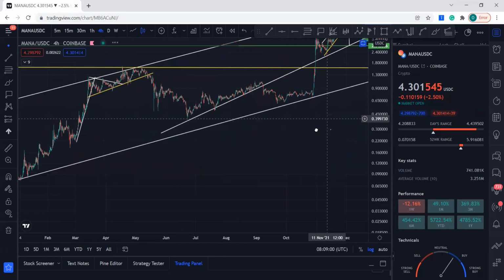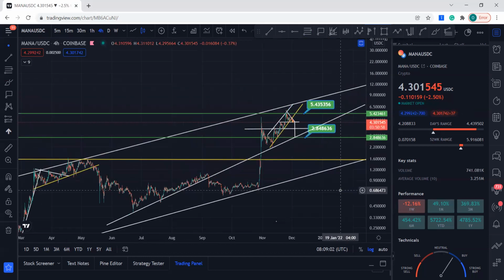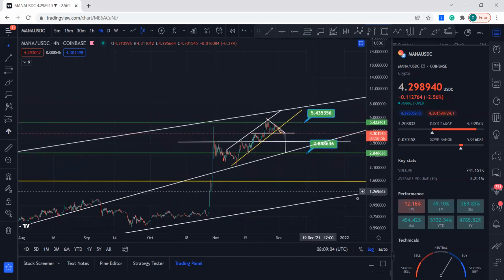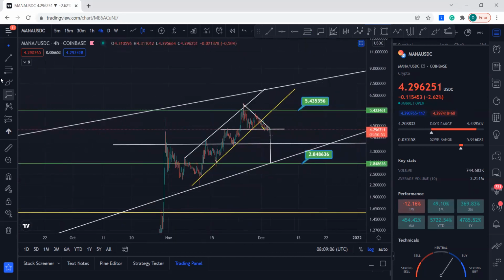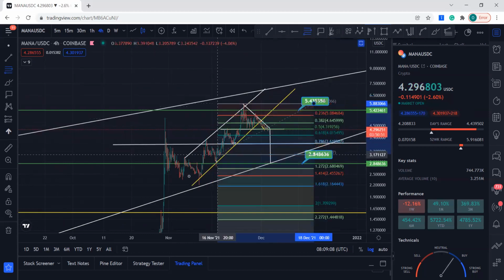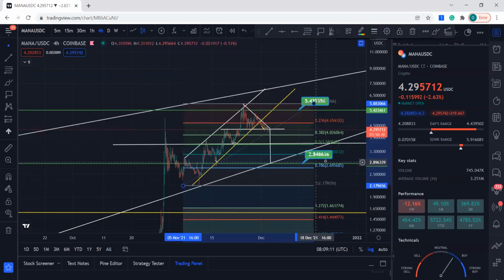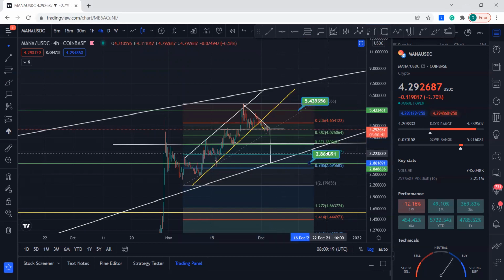If you measure the move with the Fibonacci, it's coming very close to the 0.786 level and 0.618 level, between there.